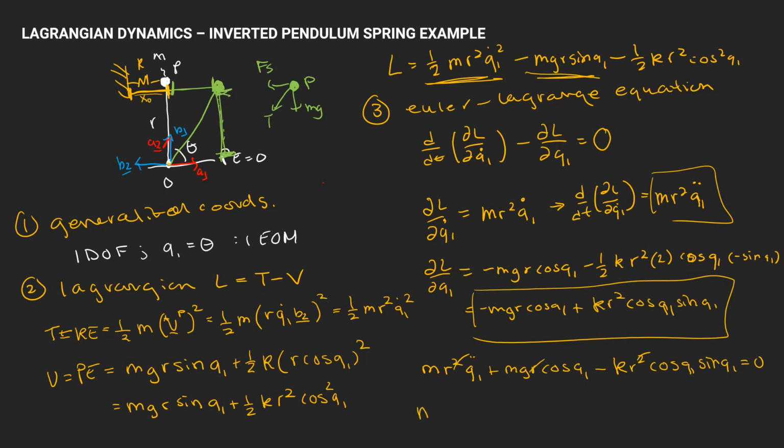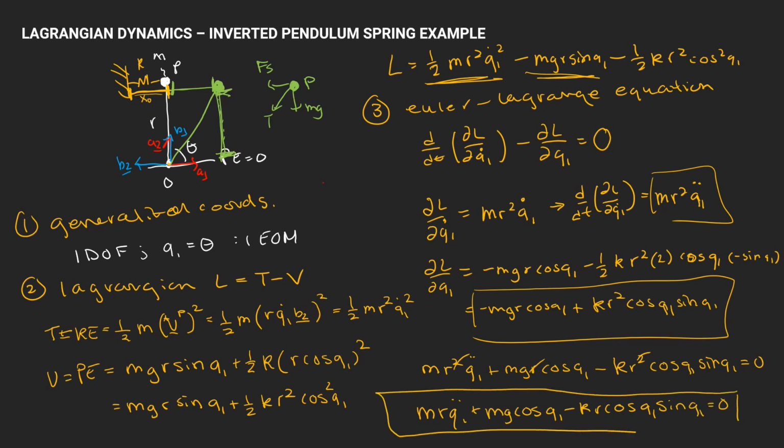So we can simply rewrite this as m r q1 double dot plus mg cosine of q1 minus kr cosine q1 sine of q1 equals 0. And this right here is our equation of motion.